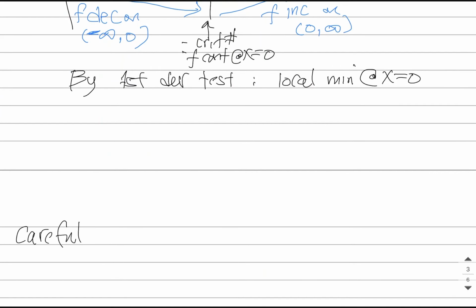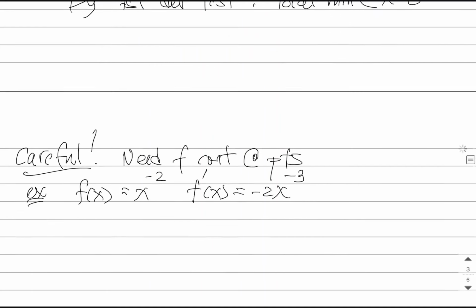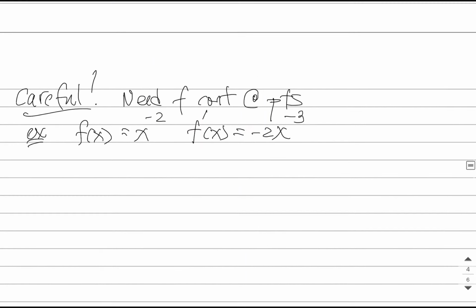Now you have to be careful. You need the function to be continuous at the points you're looking for. So as an example, if I give you the function x to the minus 2, if I take its derivative and I get negative 2x to the negative 3, I might be tempted just to dive right into this process and say, oh, this is what the derivative looks like.